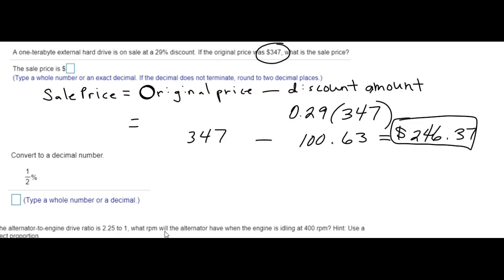For the next one, we're going to convert to a decimal number. To convert a fraction to a decimal, the first thing we need to do is divide. We can divide the long way, as in we could do 1 divided by 2, introduce a decimal. 2 goes into 10 5 times. 5 times 2 is 10. And so because we introduced that decimal, 1/2 is the same thing as 0.5.